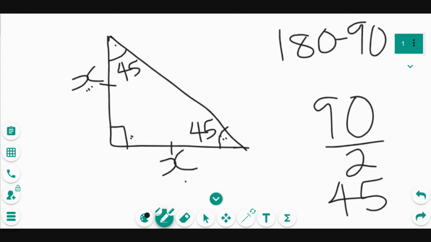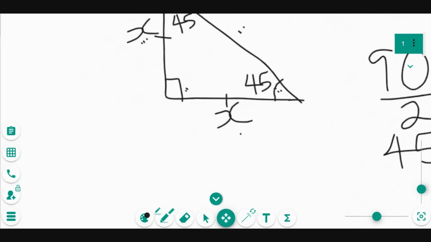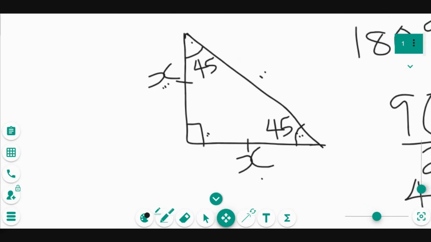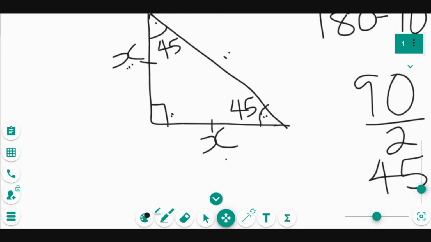Very well. By Pythagoras theorem, I can know the length of the hypotenuse. We said the hypotenuse squared is equal to the sum of the squares of the shorter sides. Since the hypotenuse is not known, I'm going to assign it an unknown. Then we use Pythagoras theorem to find out the value of this unknown.